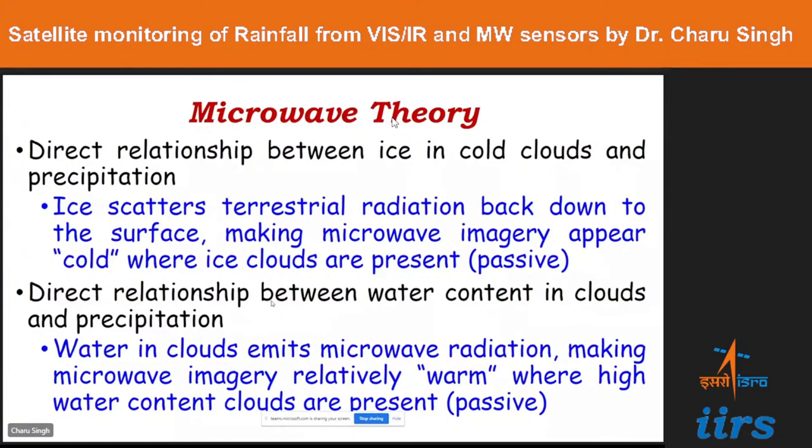And on the other side, if you are measuring the rainfall from the microwave sensors using the high frequency channel, these high frequency channels are sensitive to the ice crystals. So ice scatters this terrestrial radiation. There is an emission coming from the Earth's surface in the microwave region. This microwave radiation is further scattered by the ice crystals present within the clouds. So there is a reduction in the net microwave imagery recorded by the satellite sensor.